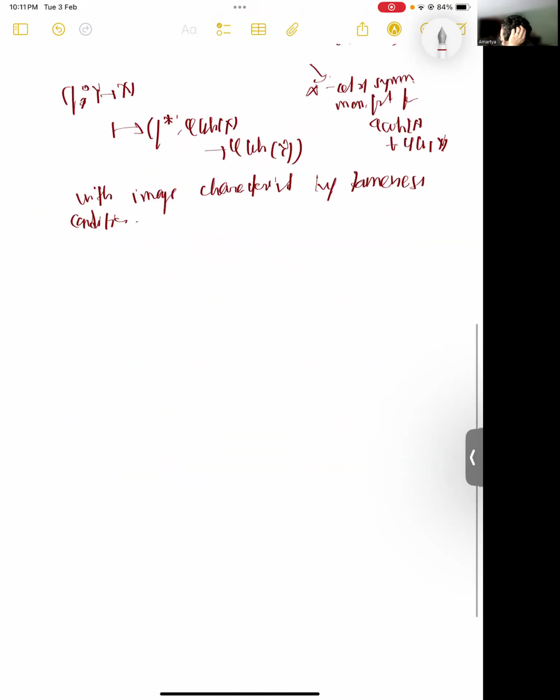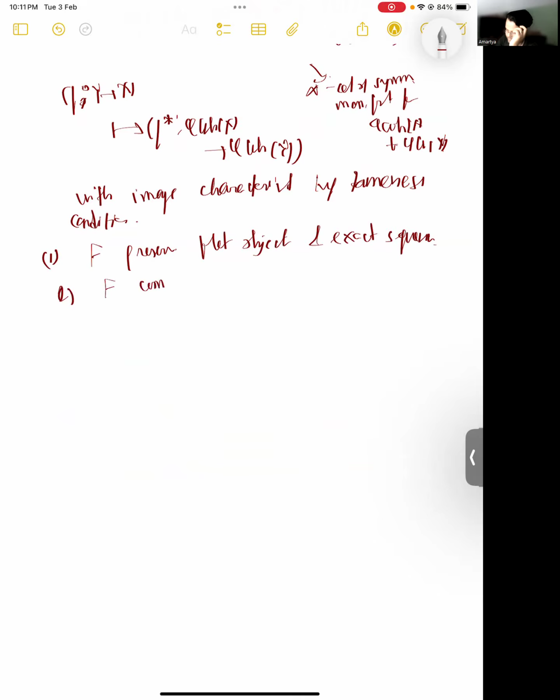So what are those? Number one, that f preserves flat objects and exact sequences. Number two is that f is connective, plus the right adjoint of f, which I think Lurie calls g, preserves colimits, plus the projection formula.